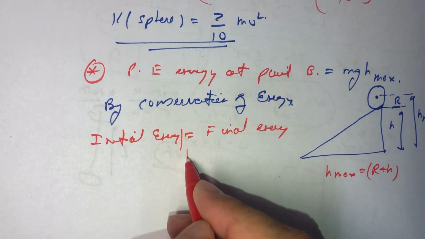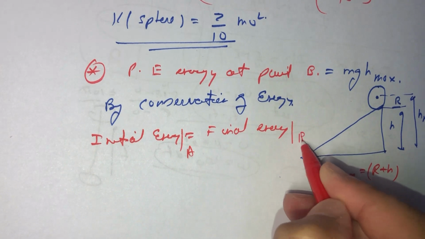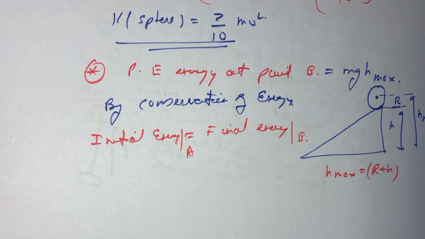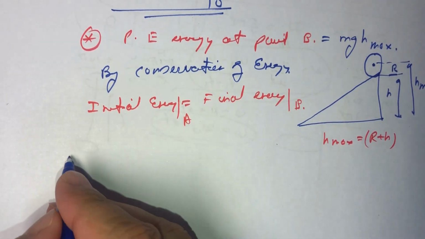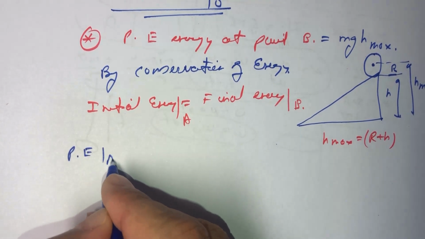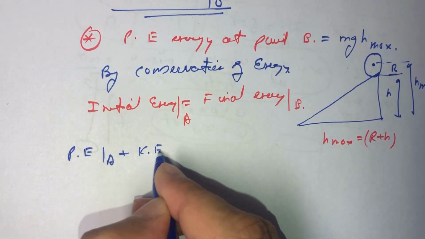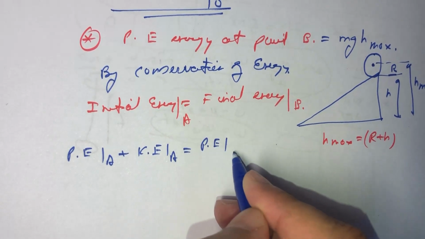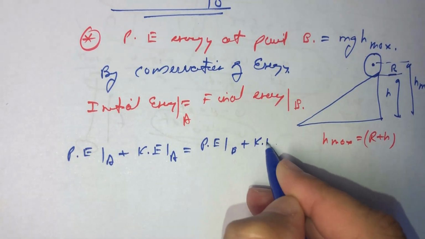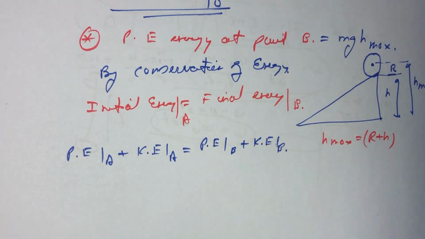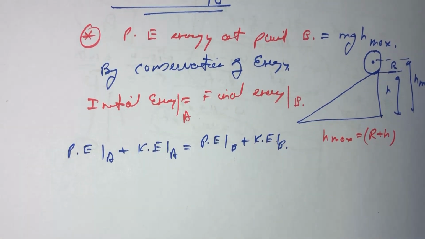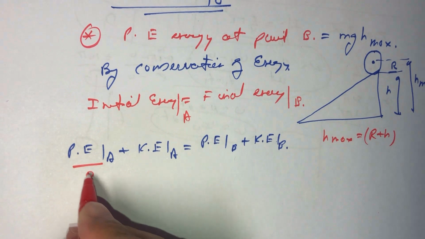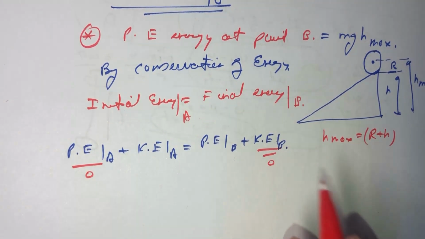Initially energy at point A will be equal to final energy at point B. So potential energy at A plus kinetic energy at A will be equal to potential energy at B plus kinetic energy at B. Potential energy at A is 0 and kinetic energy at B is 0.